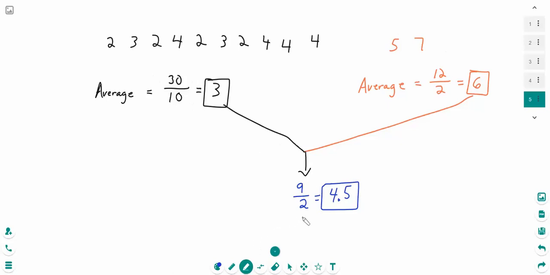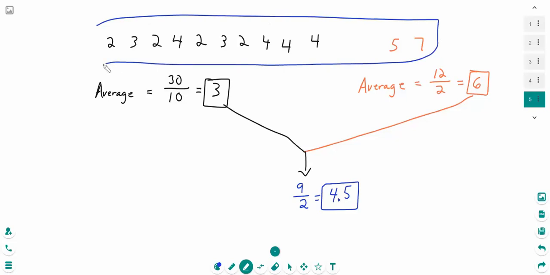So another way to think about it is, the question is, is the average of the averages going to be the same as the overall average, the average of the whole thing? Would they be the same?